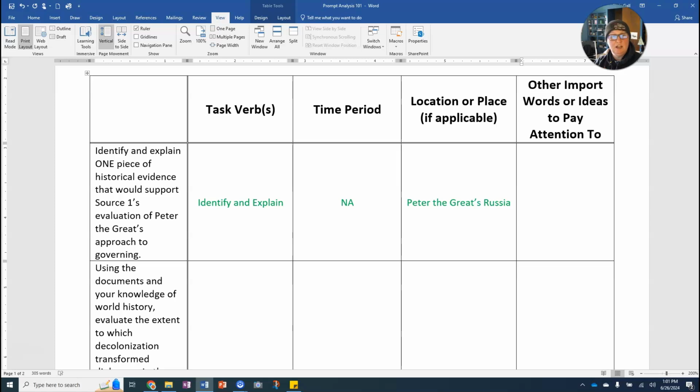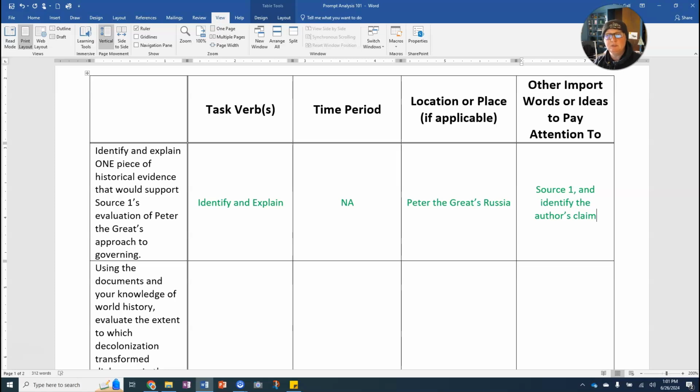I know that I have to look at source 1, and I have to identify the author's claim. So I have to know what he thinks about how Peter the Great governs, or what she thinks, as the case may be, about how Peter the Great governs in order to be able to answer this question.